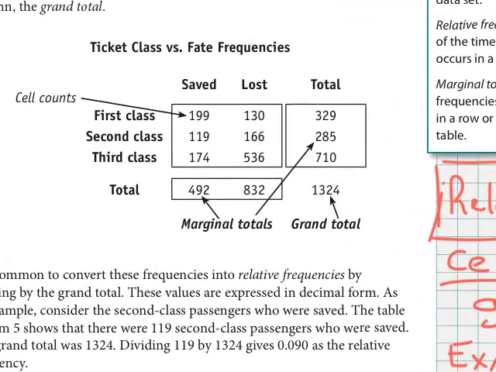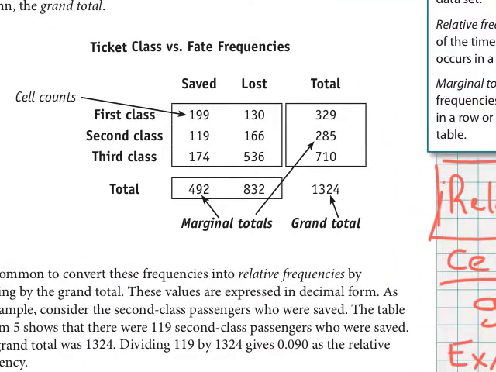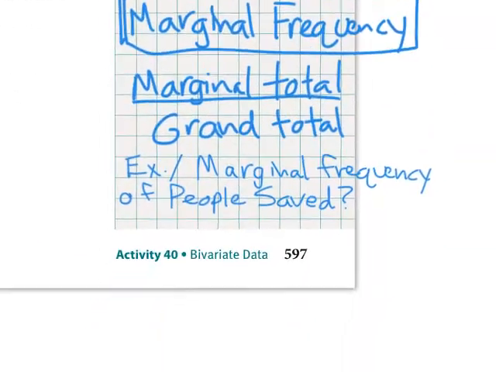So I would come up here. I only gave you one indication, right? People saved. So when you only see one indication, you know you want to go down and find a total. So what's the total number of people that are saved? 492. So I'm going to do 492 divided by the total, which was 1,324.